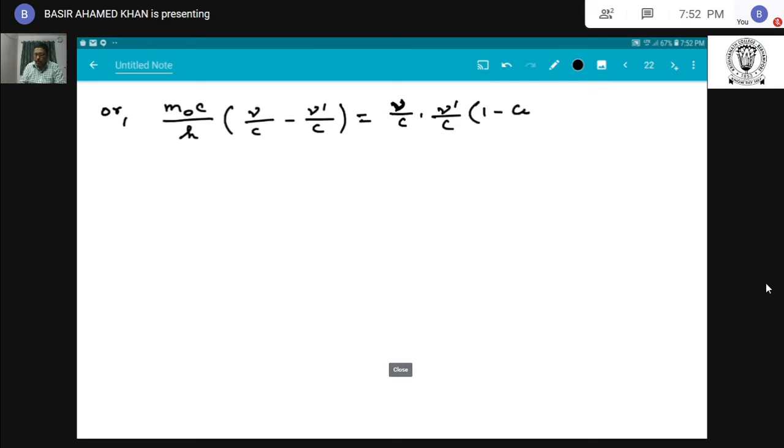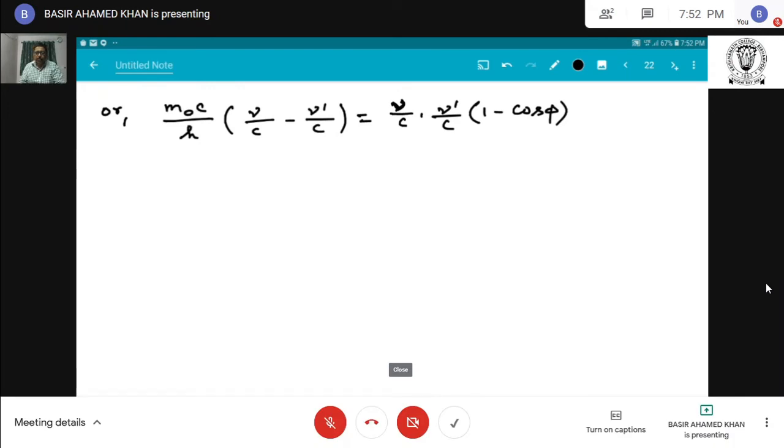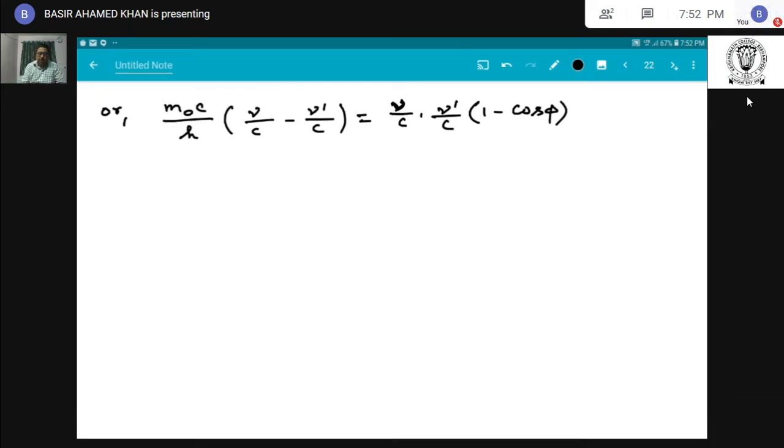Or (m0 c by h) into (1 by lambda prime minus 1 by lambda), where lambda and lambda prime are the wavelengths of corresponding frequency nu and nu prime.